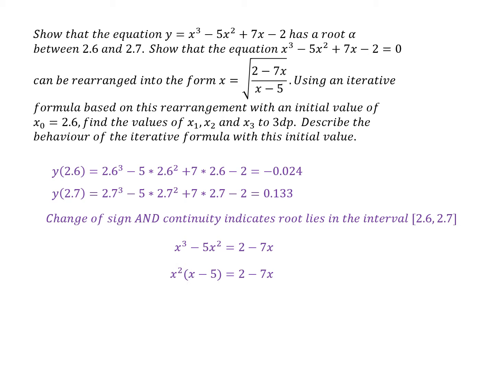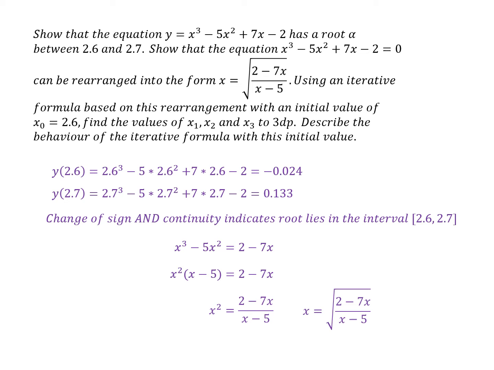Then I can factorize out the x squared, leaving me with x minus 5. And then I can divide both sides by this factor x minus 5. And finally, take the square root to give me the required form.